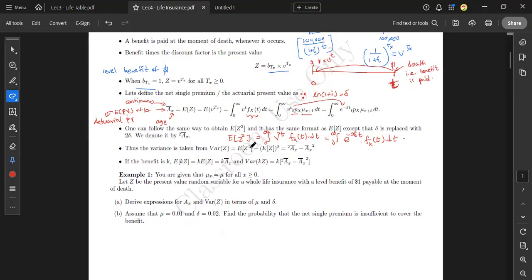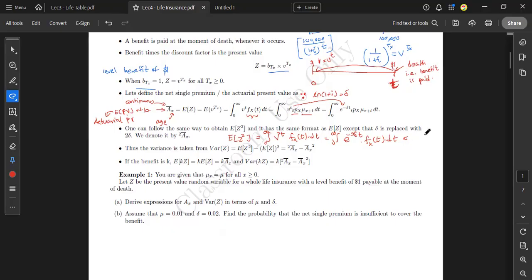So that's why we just need to double the force of mortality in here. So actually delta is the force of interest. Because it's the log value of 1 plus i, so we double the force of interest in here.